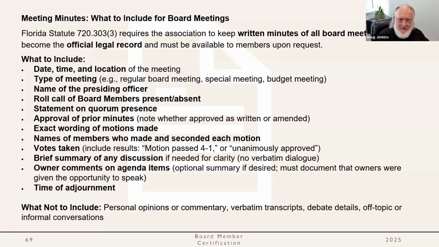The names of the members who made the second on each motion, the votes, how they were taken, who voted positively, who voted against. A brief summary of any discussion, only to the extent it's needed to clarify the item that was discussed and approved. Any owner comments that you would like to include.